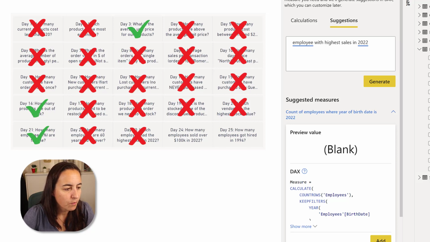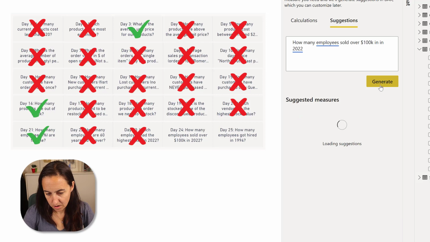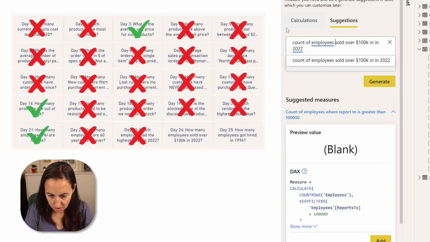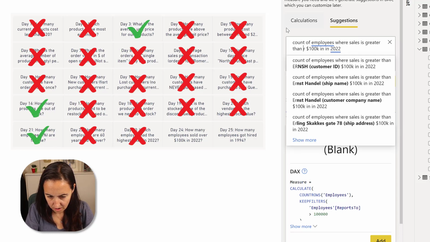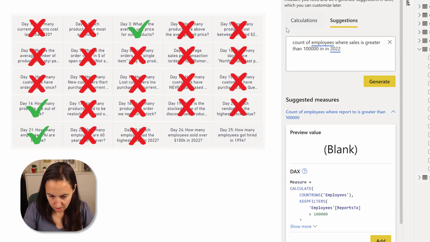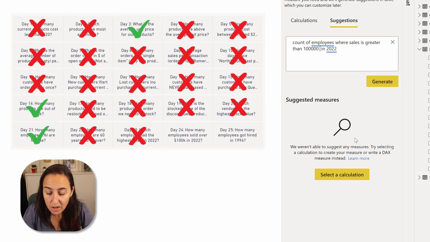24. Employees that sold over 100,000 in 2000 and count of employees where, okay, so let's say count of employees where sales is greater than, and now it gives me nothing.